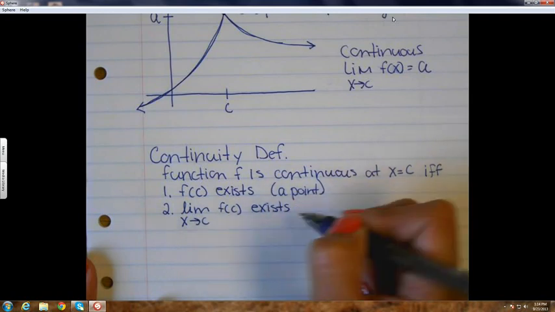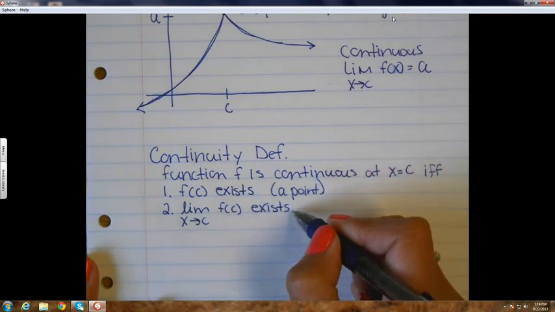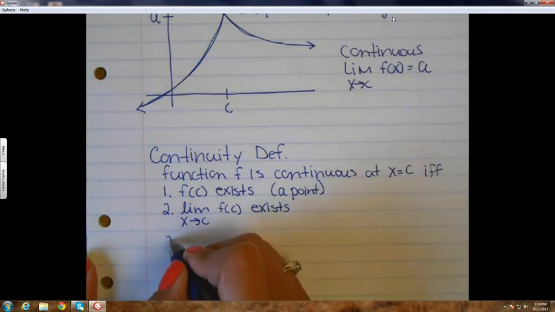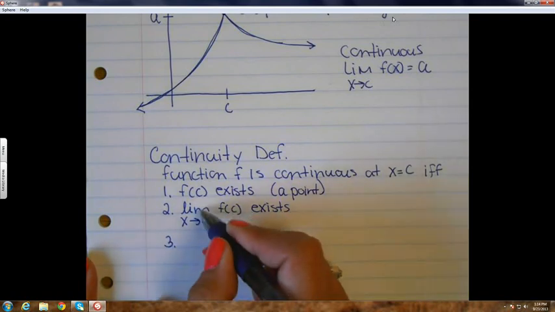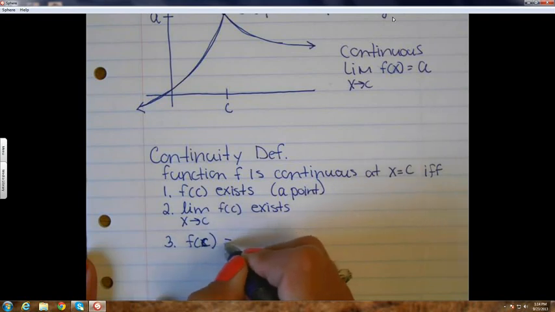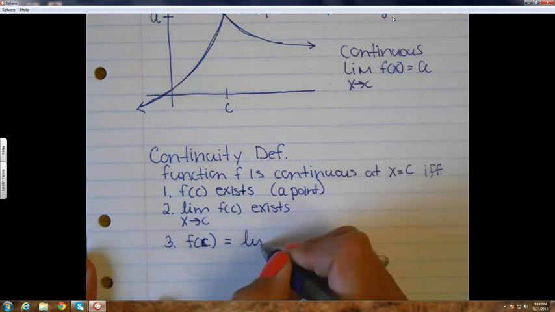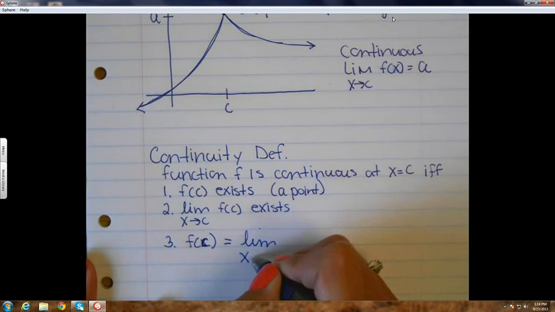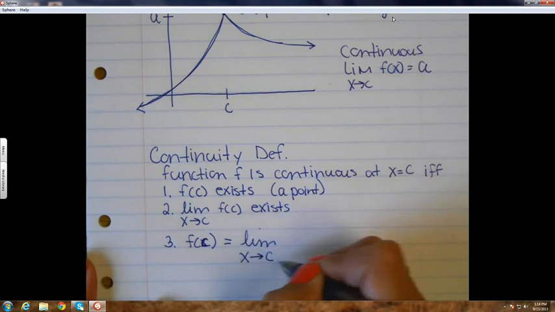So your two fingers will come together at a y value. And then the third part of the definition says that these two things have to be the same. So the point, the f of c, the y value, f of c, has to equal the limit as x approaches c.